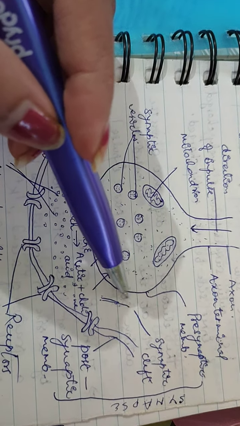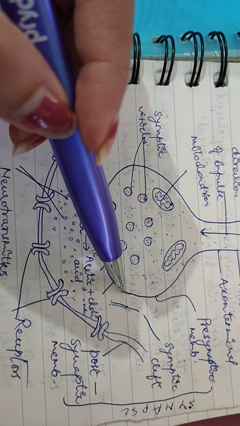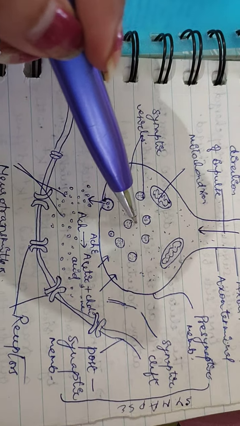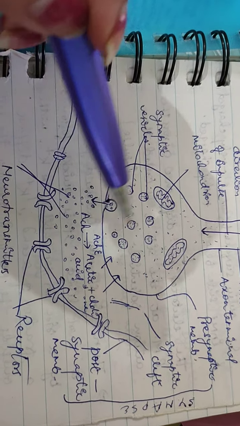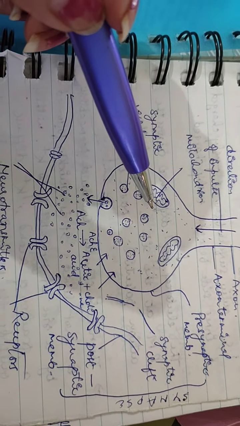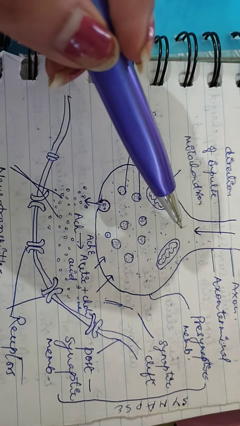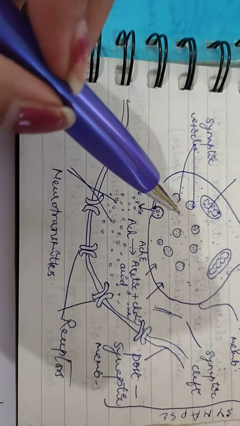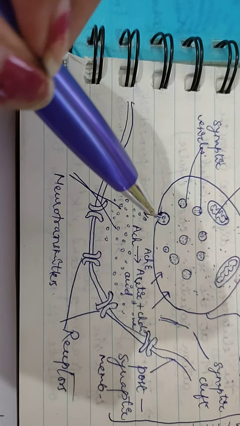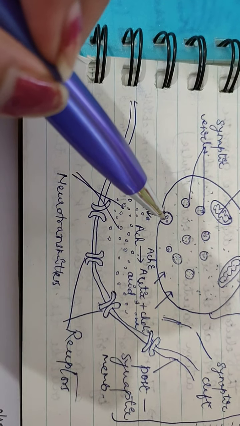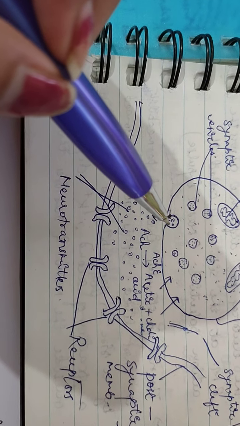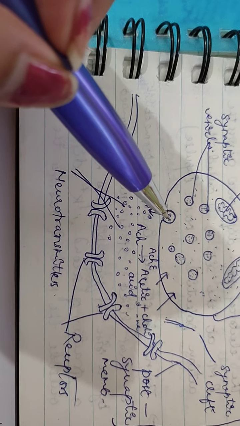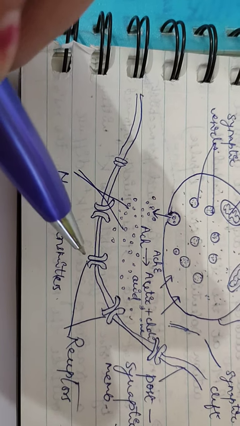This is known as presynaptic membrane. These are the synaptic vesicles. There are so many mitochondria, and this is the direction of impulse. These vesicles are filled with some chemicals, and these chemicals are known as neurotransmitter.